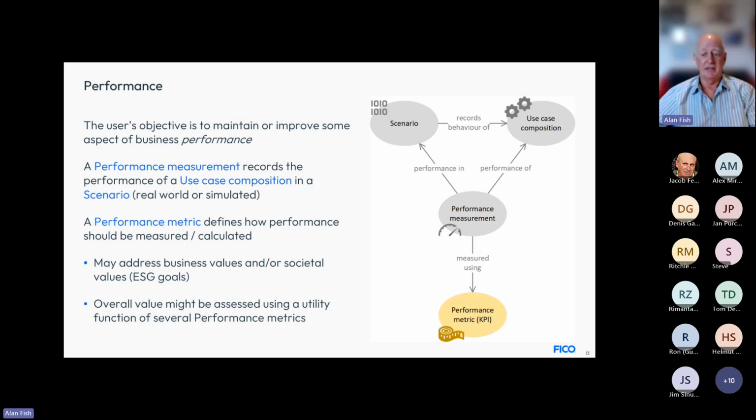Do note, though, that I'm separating the metric from the measurement, and you'll see why. So the performance metric may, as I said, address business values or ESG goals, and it may be some utility function that actually combines a number of other performance metrics. So we can imagine a hierarchical tree of metrics.